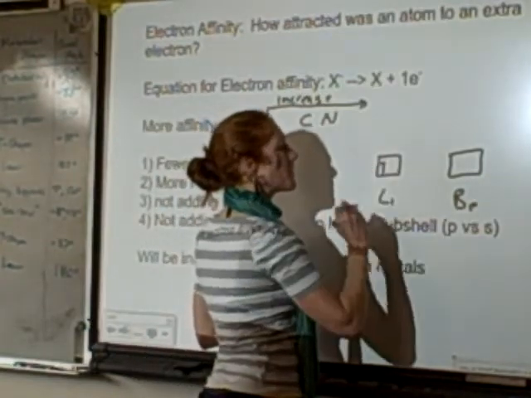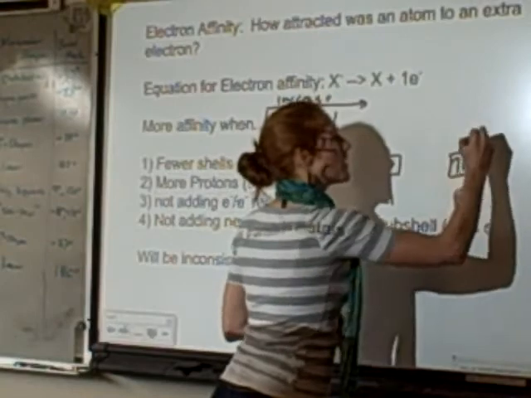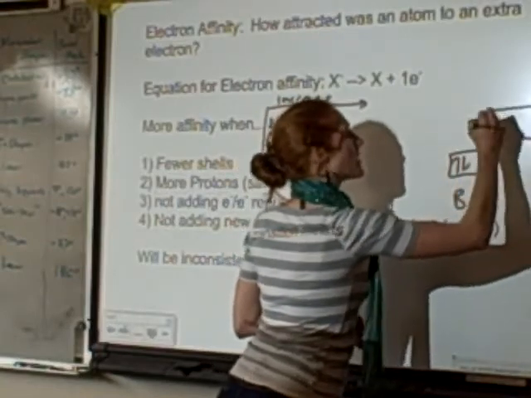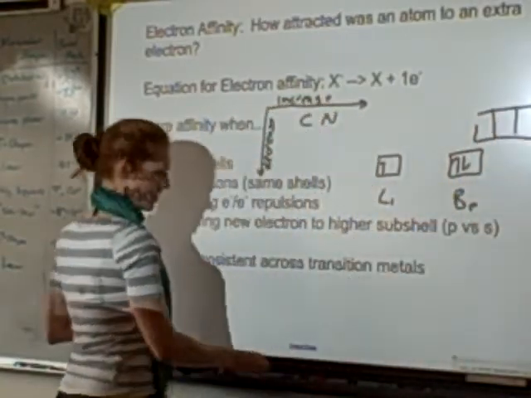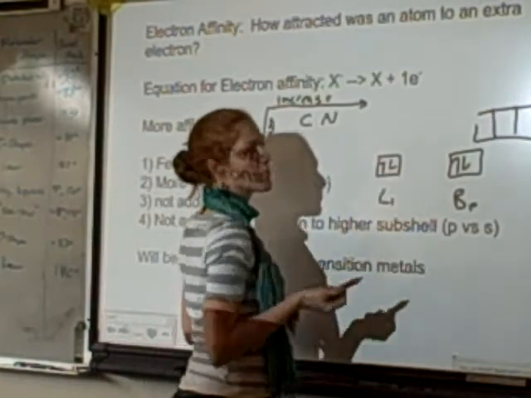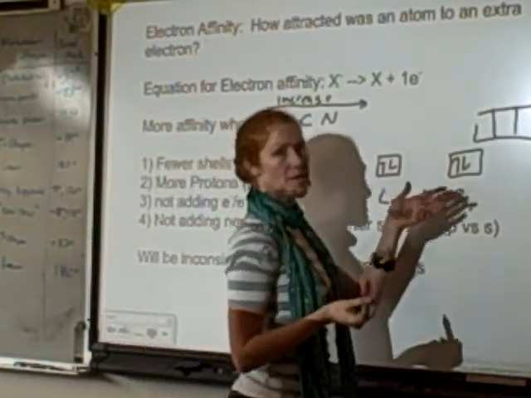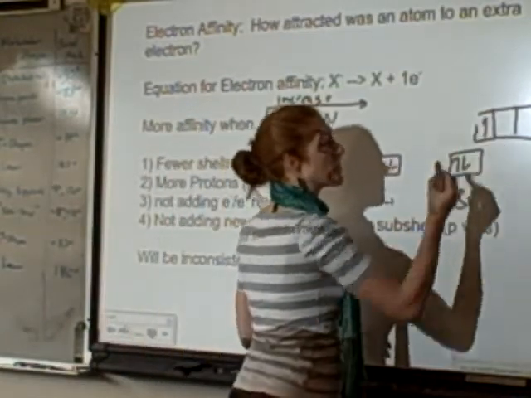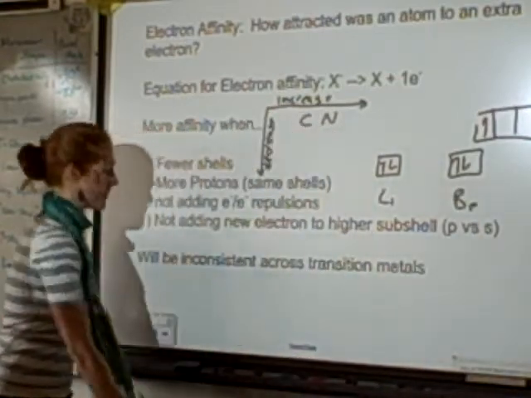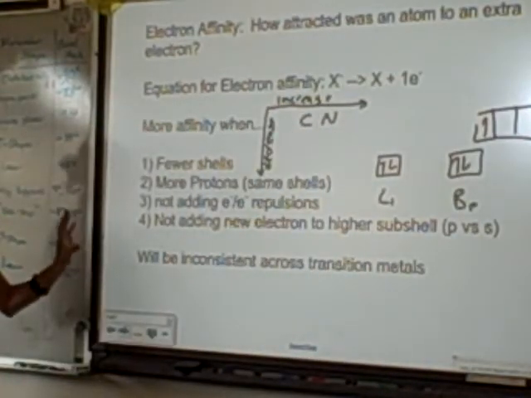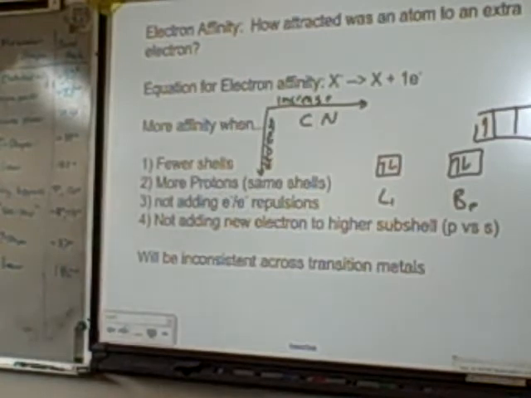But lithium has 1 valence electron, beryllium has 2. So when you add an electron to lithium, you get to put it in that more stable S subshell. When you add it to beryllium, the S subshell is full. You have to jump up and start filling the P, and that's less favored. These are also going to be inconsistent as you go across transition metals.